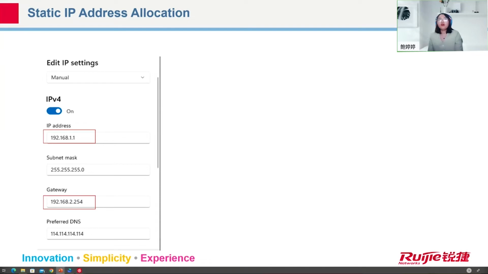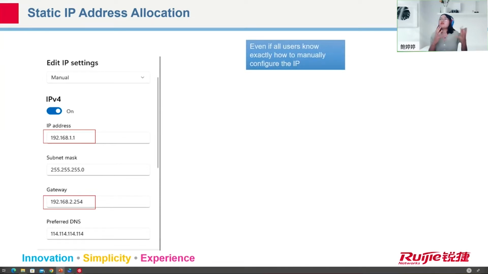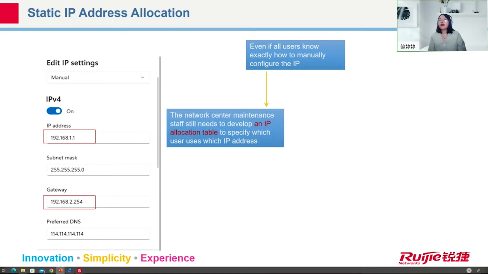So if you use the static way, the first problem is that every user has to know the meaning of the IP address and then give the correct information. Even if all users know how to manually configure the IP address, there is another problem. The first one, the maintenance engineer has to develop an IP allocation table, right?